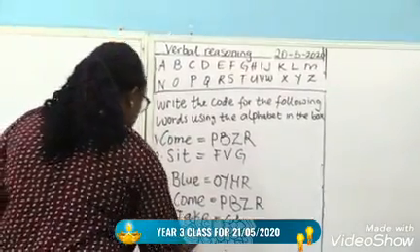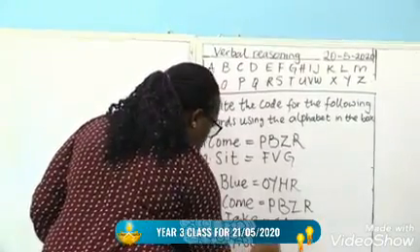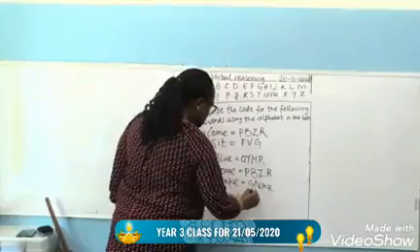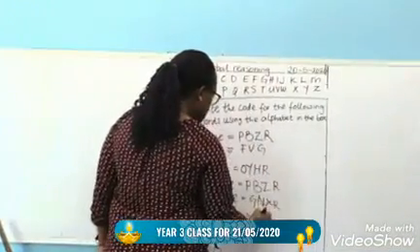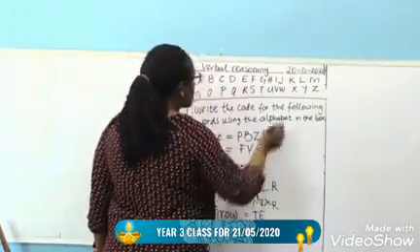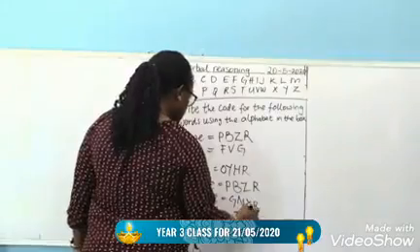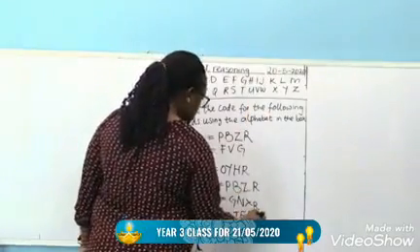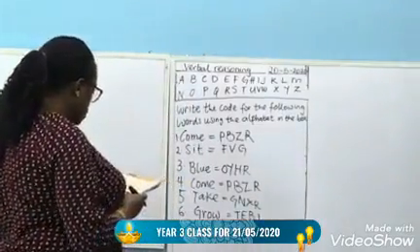Let's find the code for the word grow. Let's look for G. Our G is T. Our R is E. Our O is B. And our W is J. So we had that the code for the word grow is TEBJ.